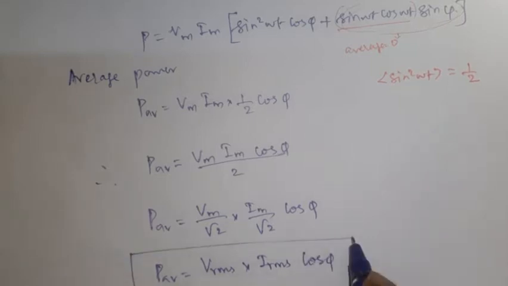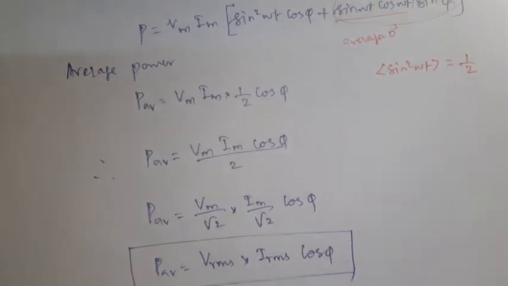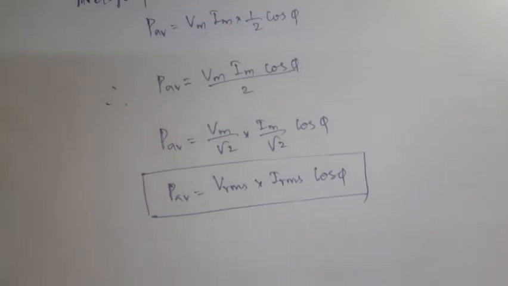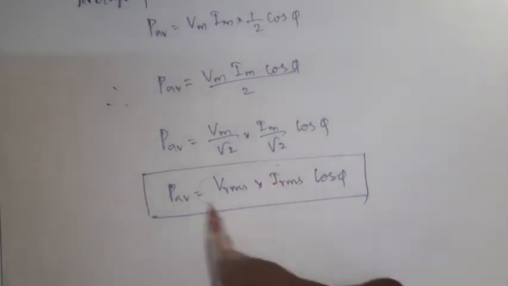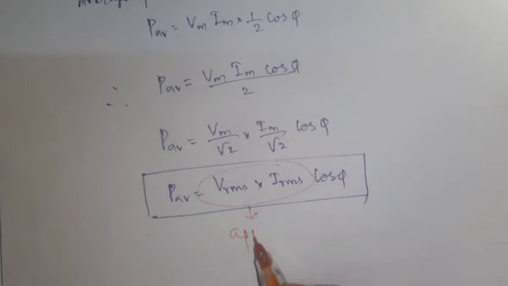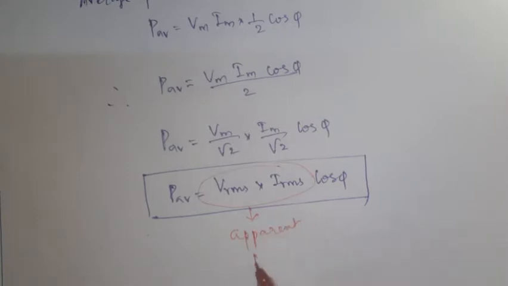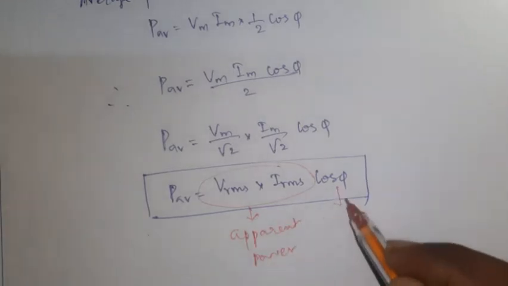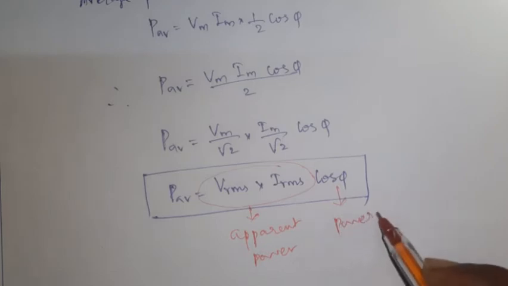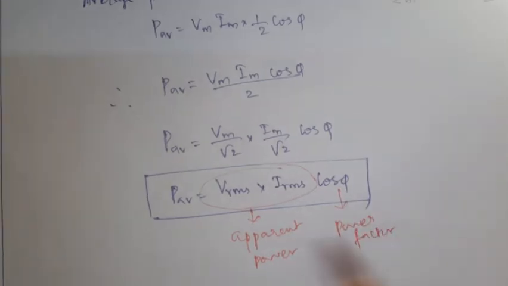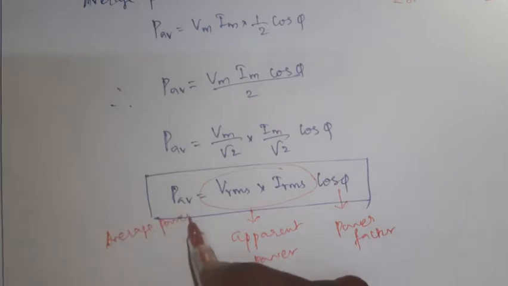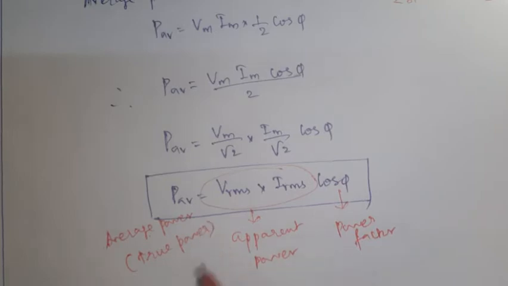This is the average power in an AC circuit. This VRMS into IRMS represents apparent power. This cos phi represents the power factor. This average power is also known as true power.